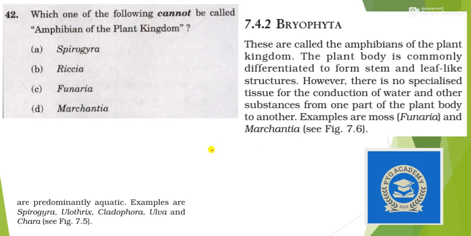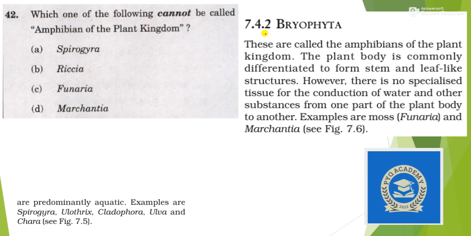Now the second question: which one of the following cannot be called an amphibian of the plant kingdom? That means out of the 4, 3 are amphibians of the plant kingdom and 1 is not. So we have to find which one is not an amphibian.